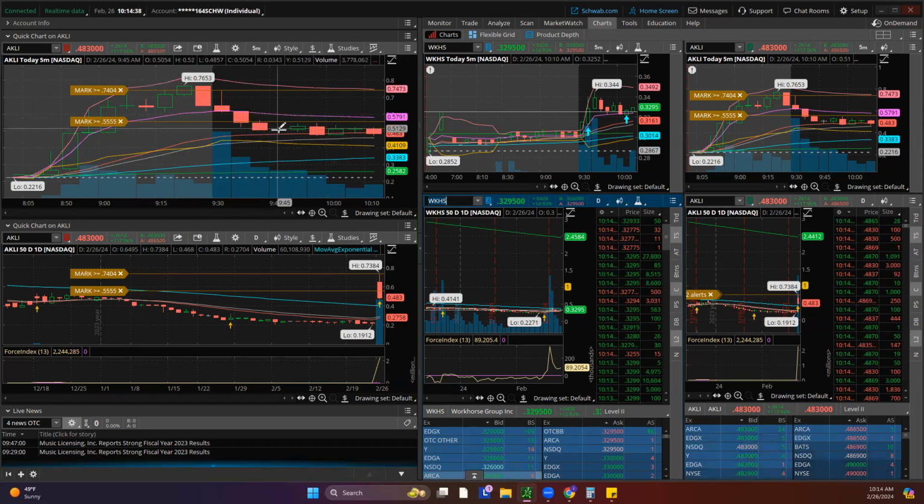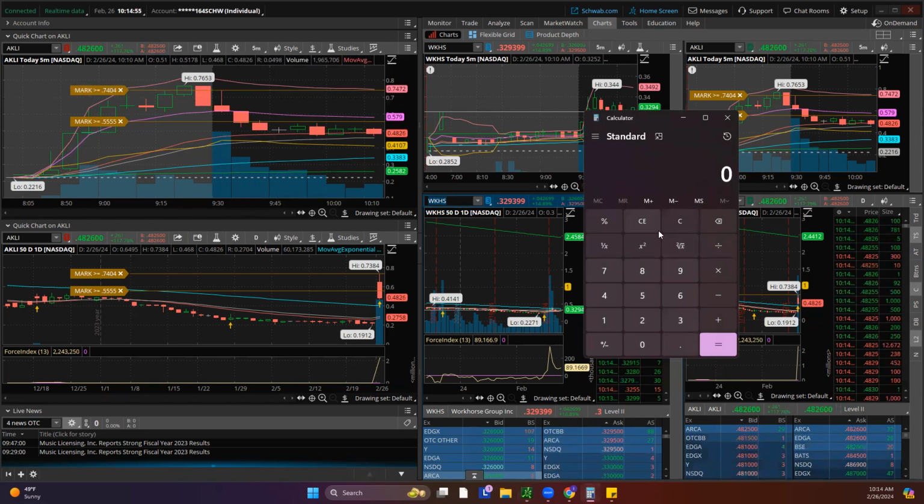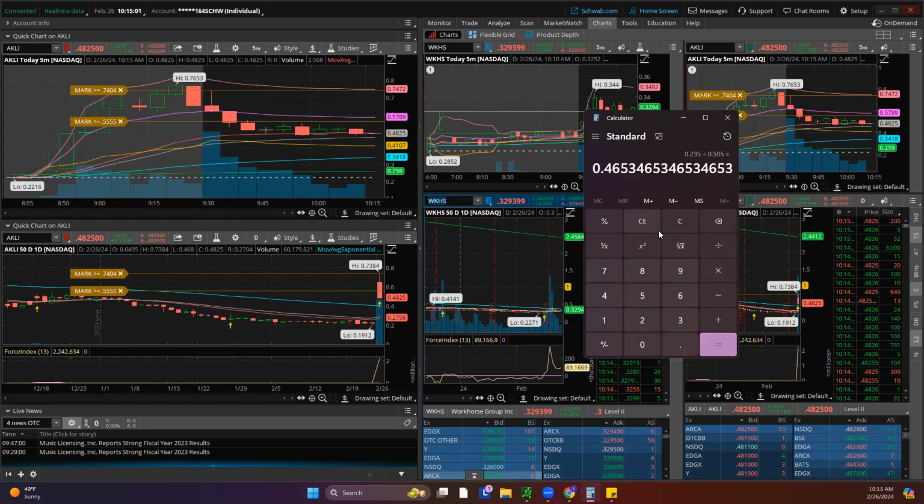Or it could have dipped down here. It could have blasted through the 5% alert, blasted through the 10% alert, went to here and just blasted right through it. And then I would have been cashing out on the break of this high, which would have been, we'll just call it 74 minus 50.05 divided by 50.05.